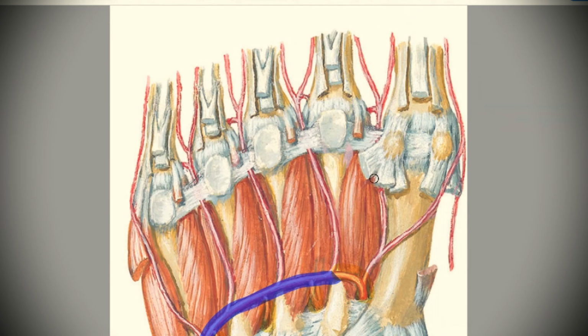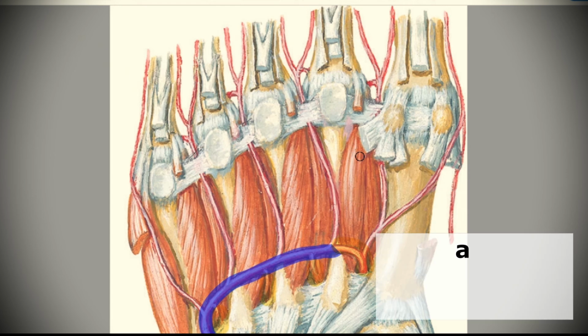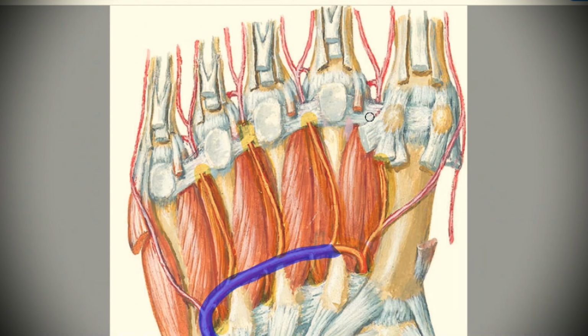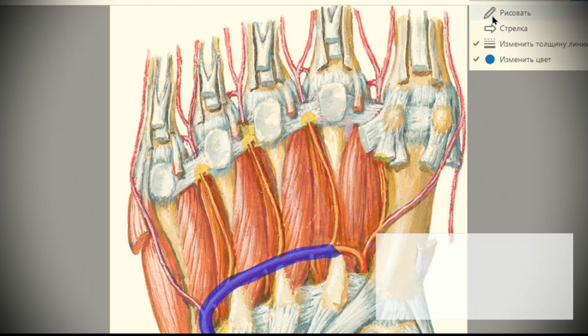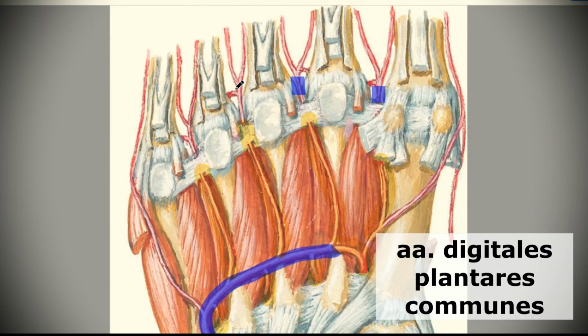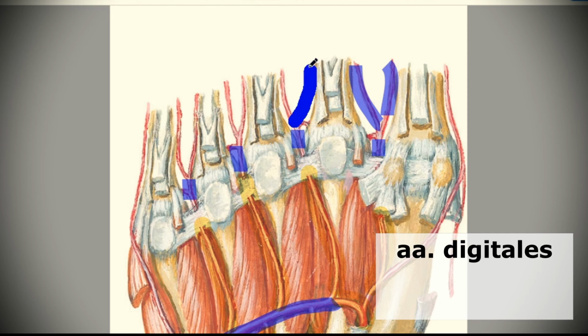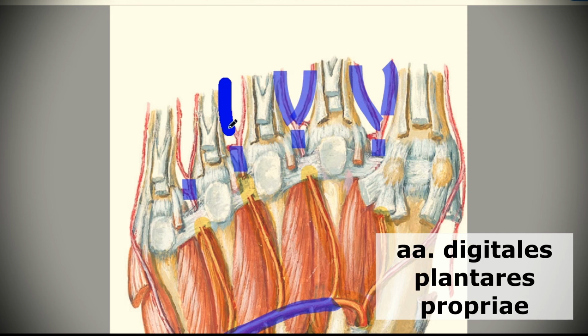They go to the toes, and they have the name arteria metatarsalis plantaris, plantar metatarsal artery, that goes forward, and they become arteria digitalis plantaris communis, and then each will divide into 2 arteria digitalis plantaris propria, proper plantar arteries that will supply adjacent aspects of toes.